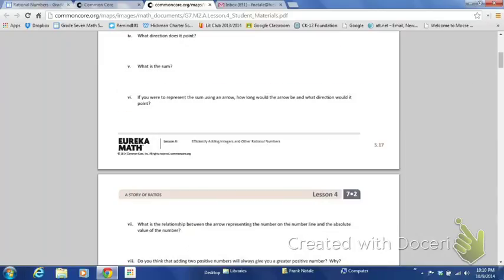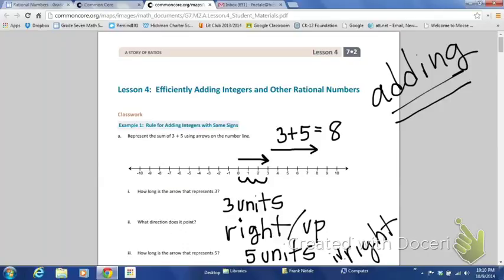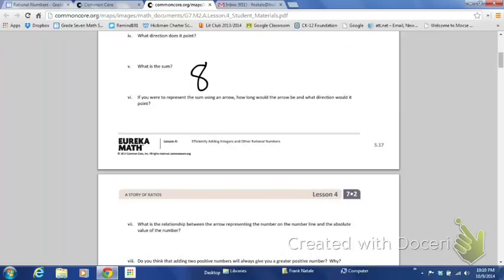And then, what is the sum? The sum, of course, is 8. We know the sum because that's where the second arrow ends up, at 8. If you were to represent the sum using an arrow, how long would the arrow be, and what direction would it point?